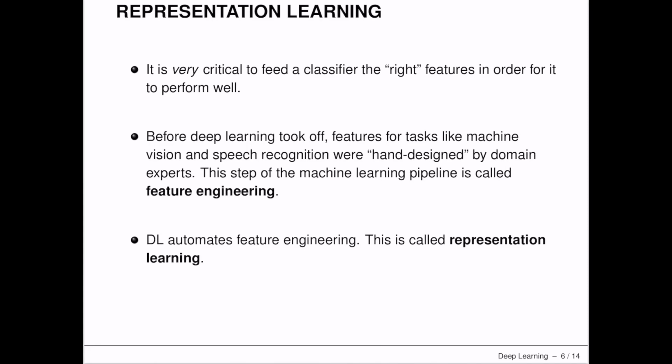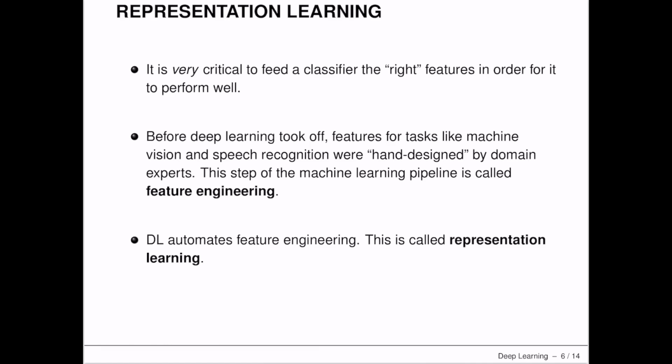Generally, it is very critical what kind of features we feed into a classifier, because this really depends on if the classifier can solve the problem or not. Before the age of deep learning, features were often designed by hand by some domain experts.